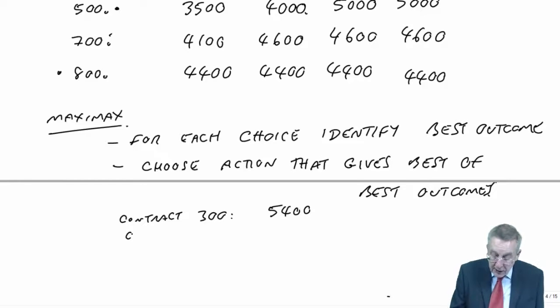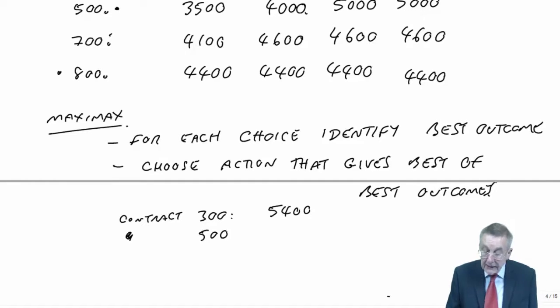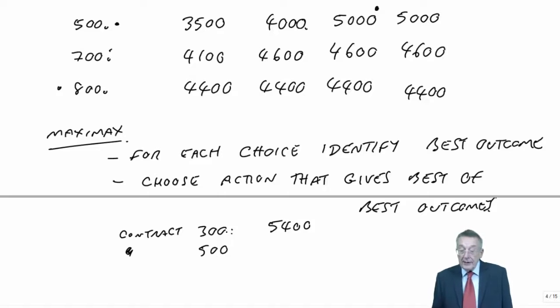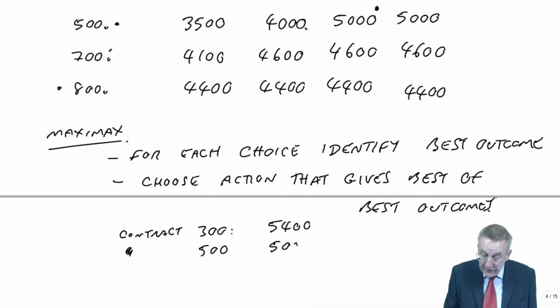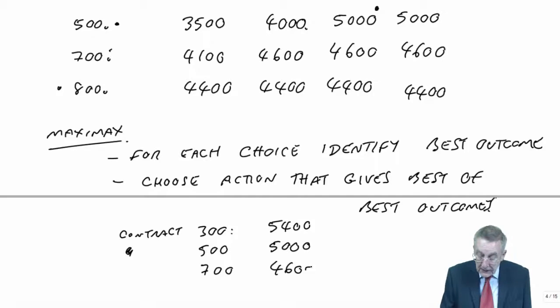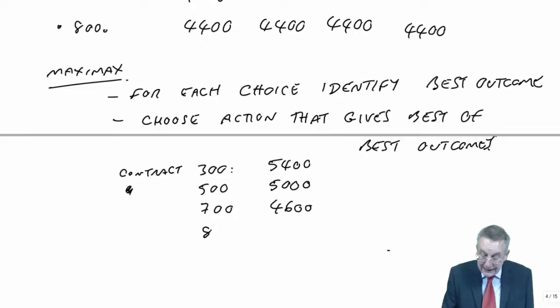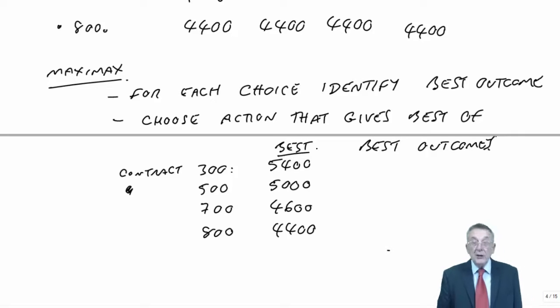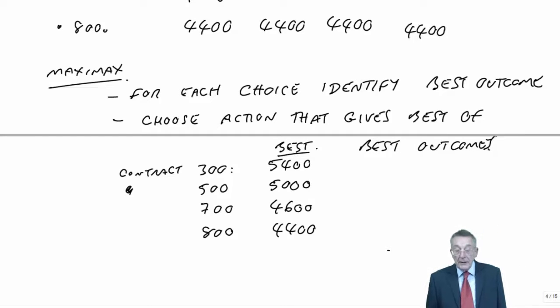On the other hand, if we contract for 500, 3,500, 4,500, 5,000, the best we can get is 5,000. 700, 4,100 or 4,600, the best is 4,600. 800, well, of course, the best is 4,400. So there's the best outcome we could achieve in each case.